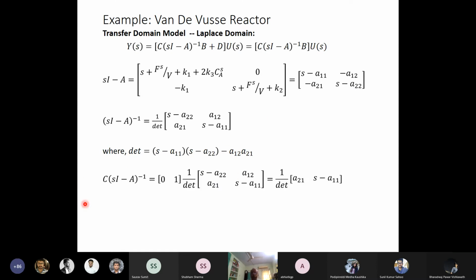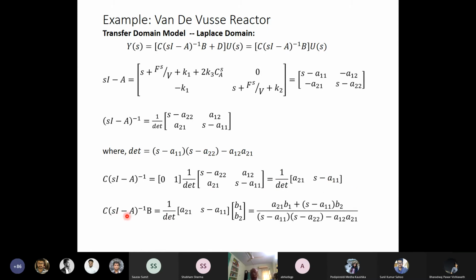Then C is 0, 1 into this term. Since it is 0, 1, only one component will be there, so this component will become 0. So I will have this component: 1 by determinant, A21, s minus A11.